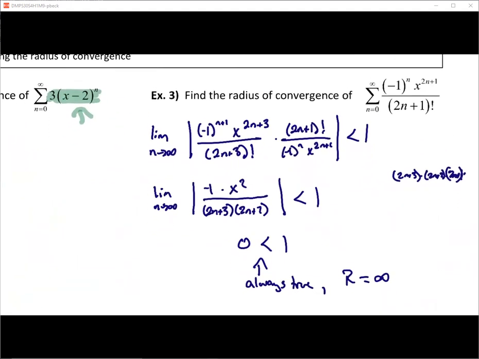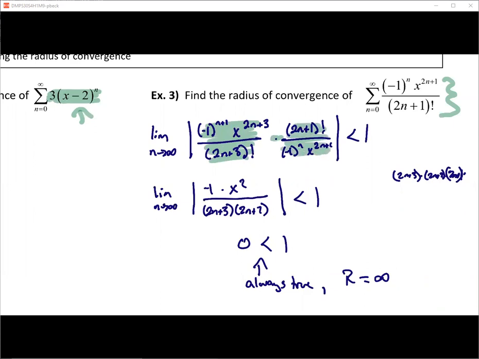For the next problem, a little bit more complicated of a function, which is totally okay. I'm still going to use the ratio test. Now, because this is fractional, what we end up doing a lot is skipping that first step of taking the next term divided by the previous term, and just turning that division into multiplication. So we have the next term times the reciprocal of the previous term.